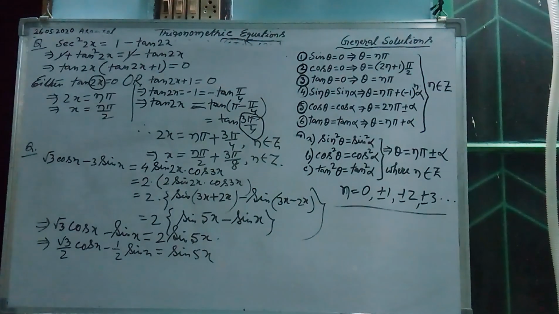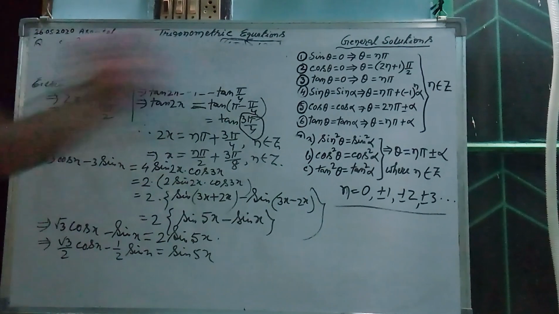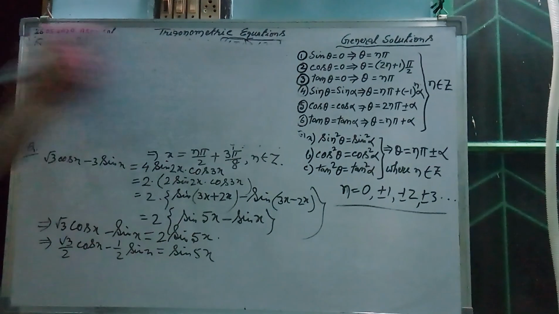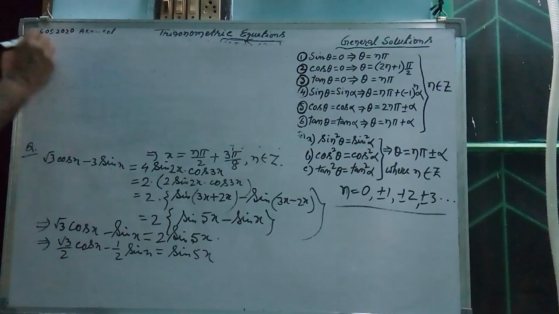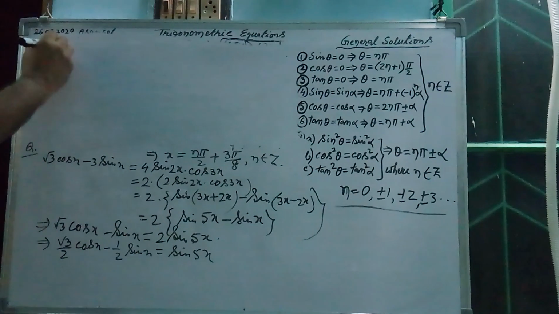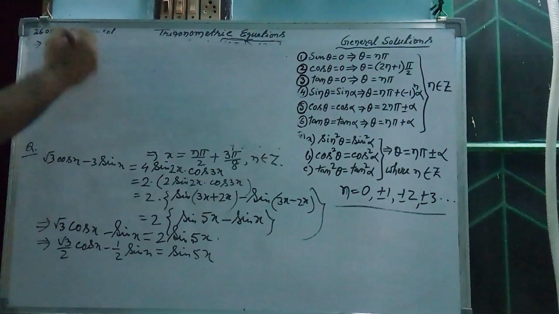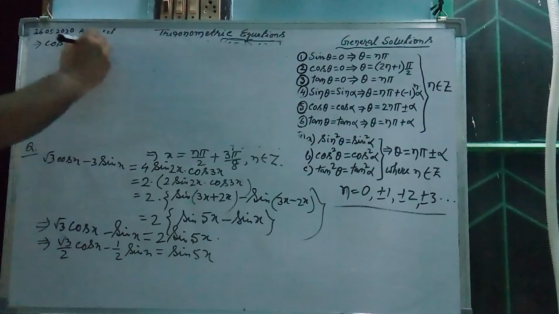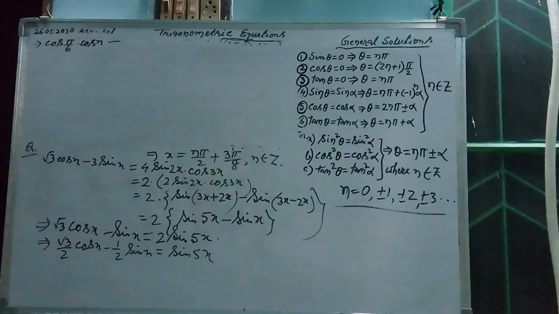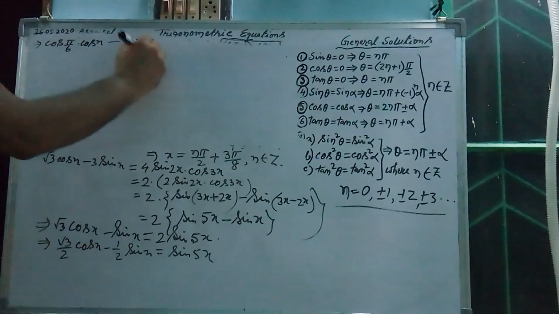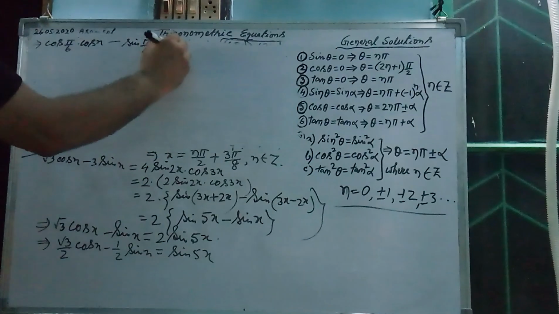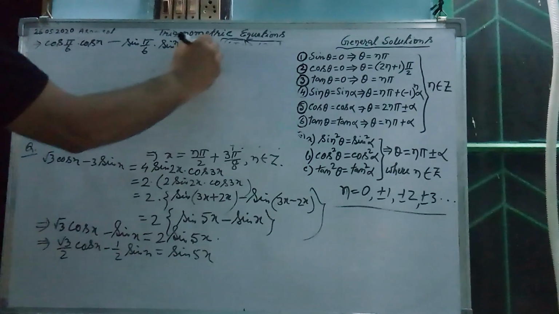We divided both sides by 2, which can be written as this root 3 by 2 can be written as cos pi by 6. This implies cos pi by 6 into cos x minus this half can be written as sin pi by 6, sin pi by 6 into sin x is equal to sin 5x.